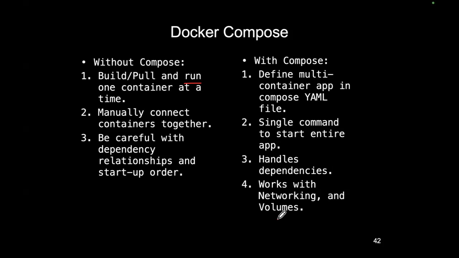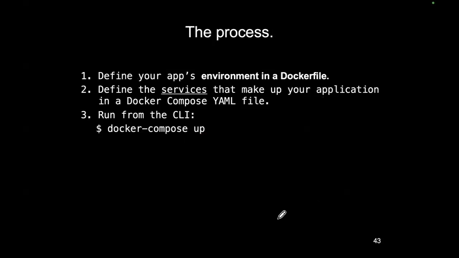So Docker Compose is really targeting the runtime creation of your multi-container application. And so the steps now are, we still have to write our Dockerfile for that part of the multi-container application that we have control over, the source code that we have control over. So we write our Dockerfile for that as before.